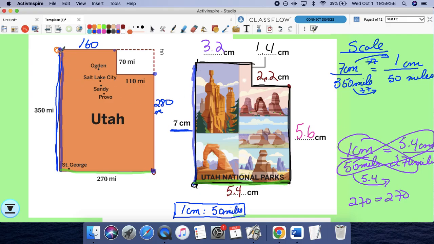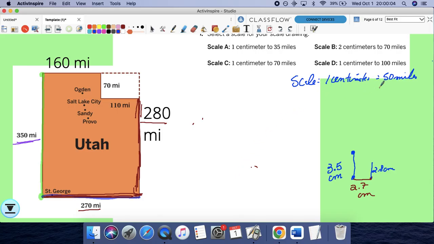This side that measures 350 miles in real life, using the scale that we used in class, it became 7 centimeters. Now notice what happens when I make that scale a little bigger, when I use 1 centimeter is 100 miles. Our measurements, the corresponding side in centimeters, become a little smaller. Okay, so it's interesting to see what happens when you use different scales.